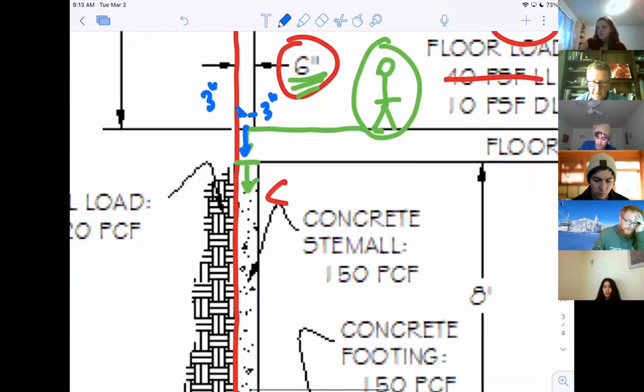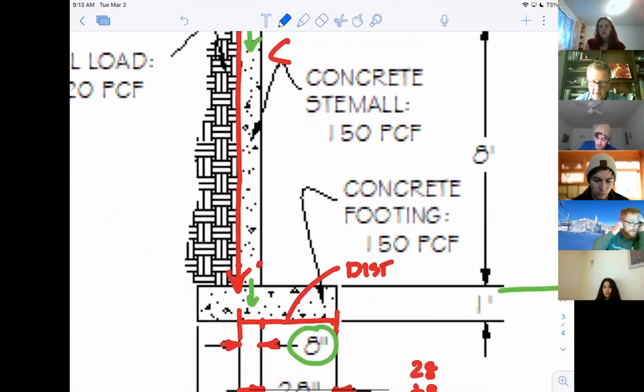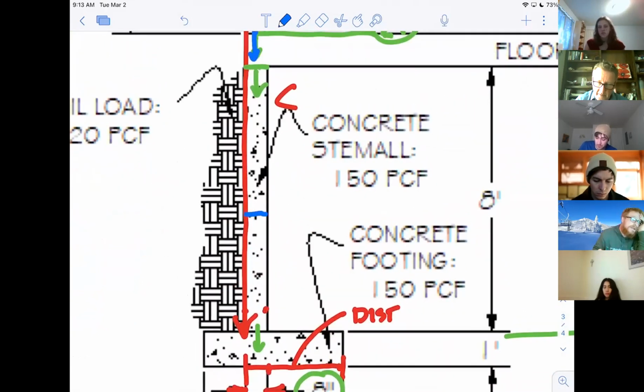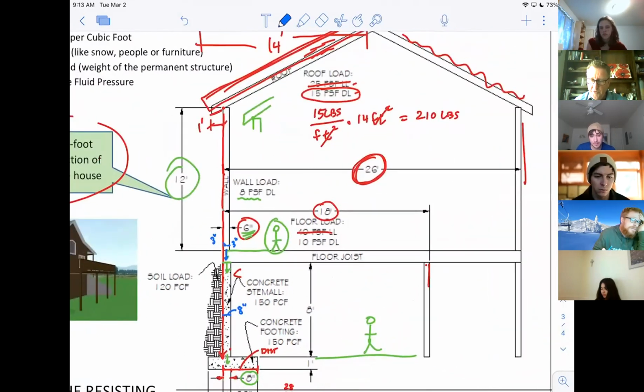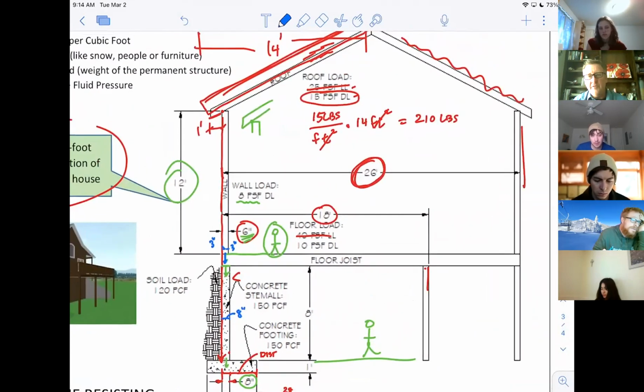Okay. Now, when you get down to the concrete stem wall, that concrete stem wall is wider. It's 8 inches. Again, these are the actual dimensions. I could have made this problem a little simpler, but I'm giving you the actual dimensions of the real house. This side view, that section view right there, is from the house plan that I drew.